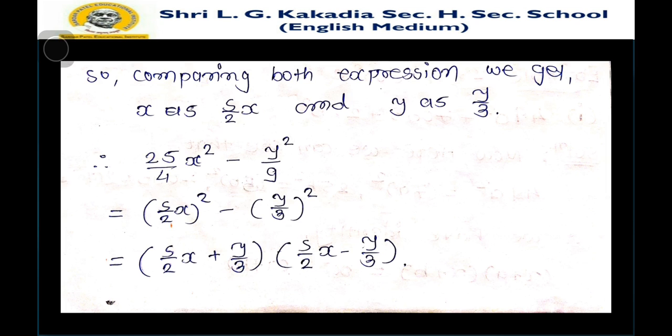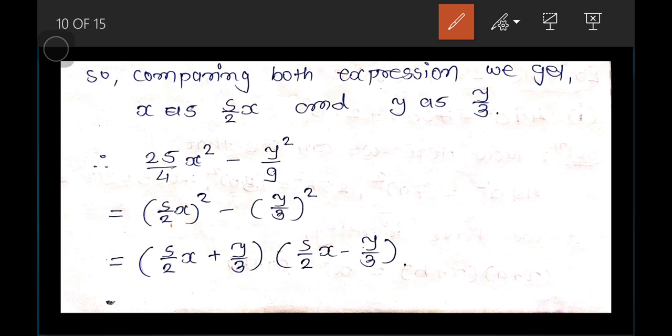So comparing both expressions, we get x as 5 by 2x and y as y by 3. Now we put these values in the given expression and we can factorize the given polynomial, that is 25 by 4 x square minus y square by 9.